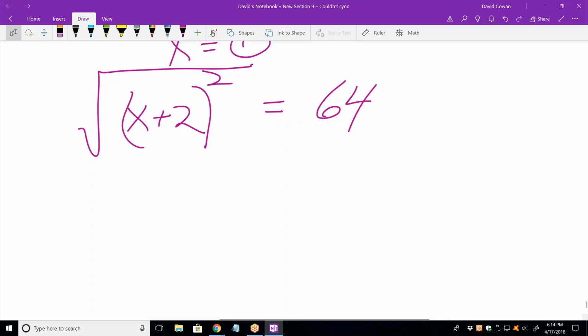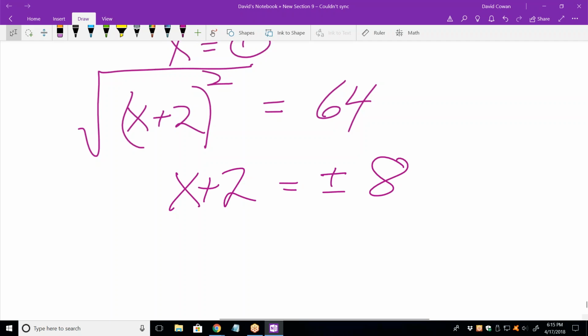When I take the square root of the left, I am left with what? Oh, you just have x plus 2. When I take the square root of the right, what do I have? Remember always what you should start your answer with? Plus or minus 8. That's going to make a difference. It's going to give us two different answers.